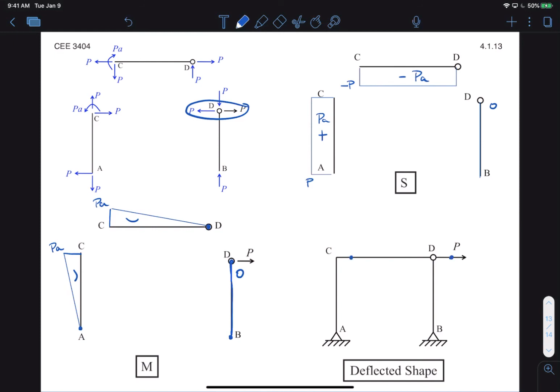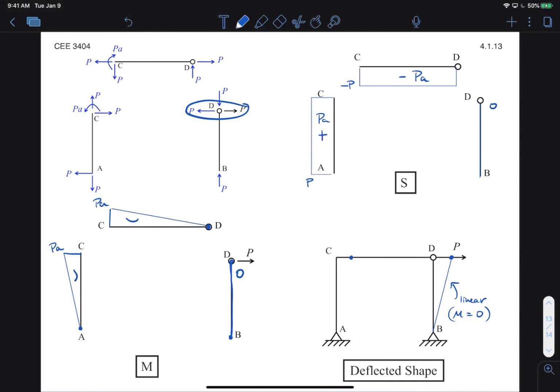So now I'm going to join B with D, and in this case I know this must be linear because the curvature or the moment, either one, is 0, so it's got to be a straight line. There's 0 curvature to that member.